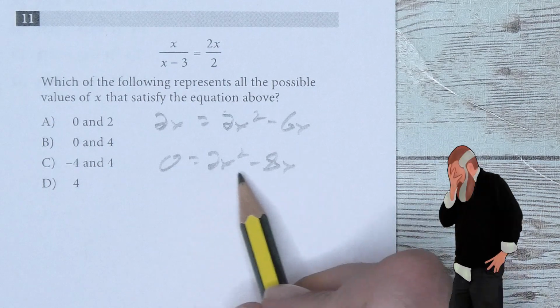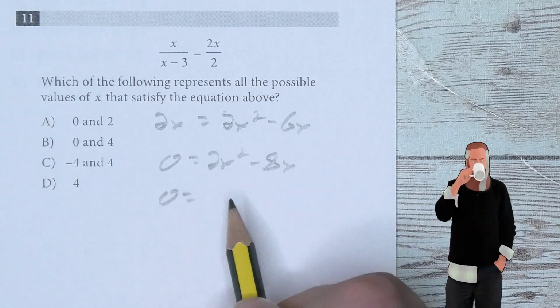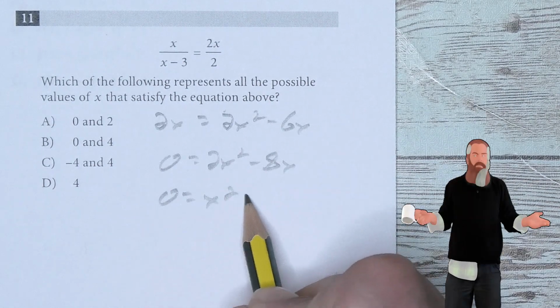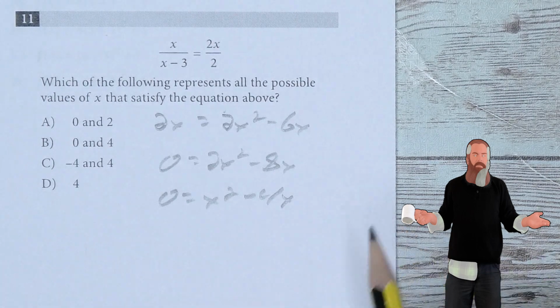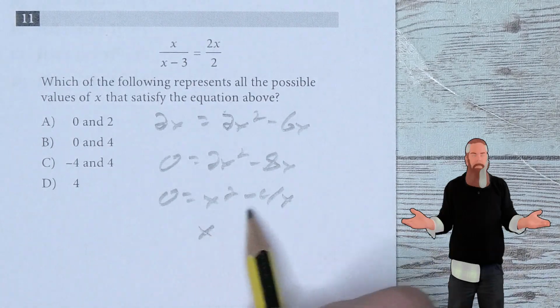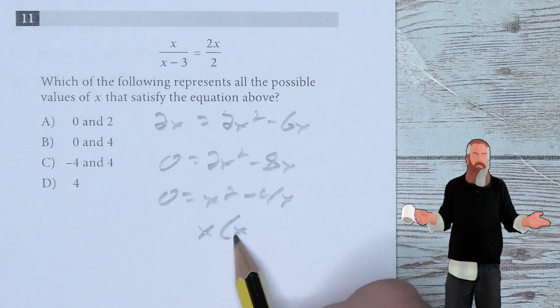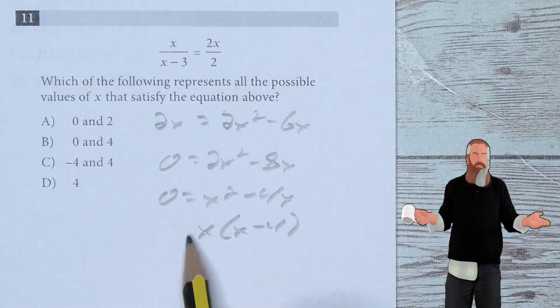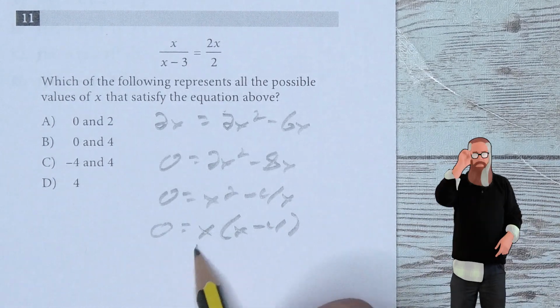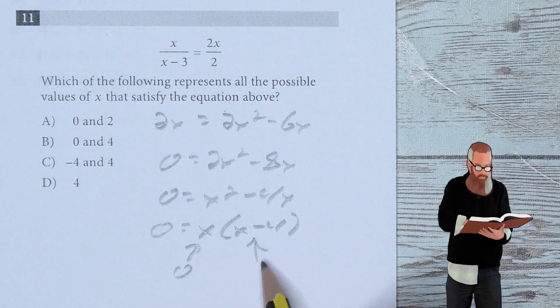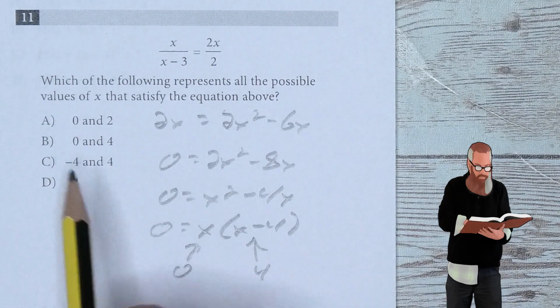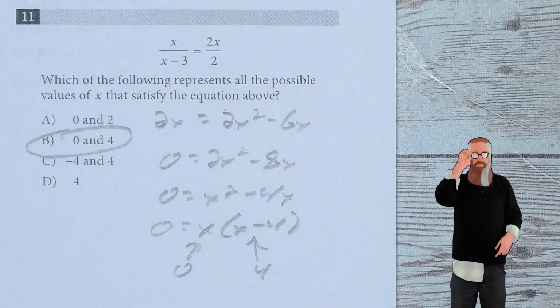Divide everything by 2 to make this more convenient, giving us 0 is x squared minus 4x. Now I'm going to use the zero product rule. I'm going to factor an x out of both of these, giving me x minus 4 inside the parentheses. So x is either 0 or x is 4, which means that B is the answer.